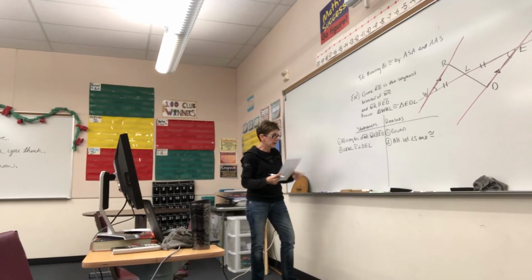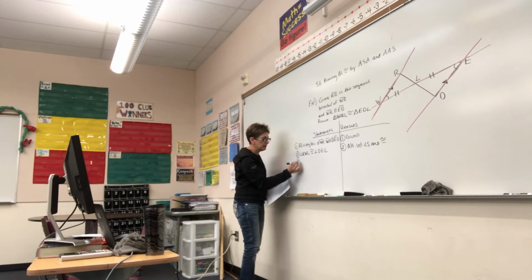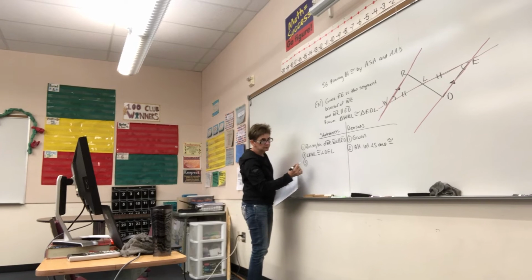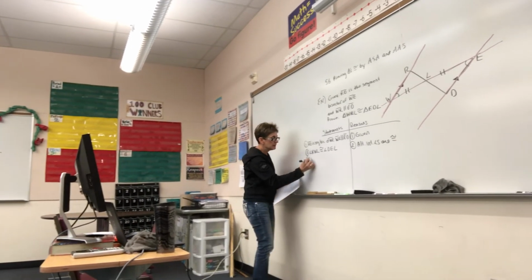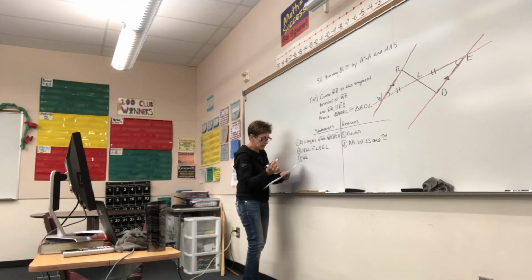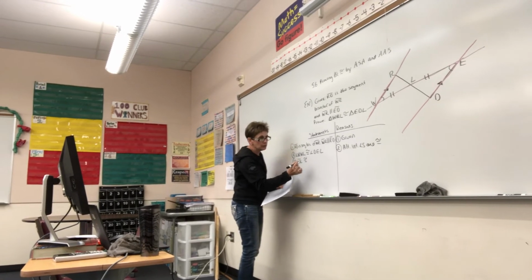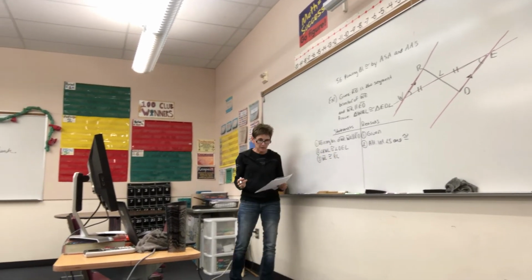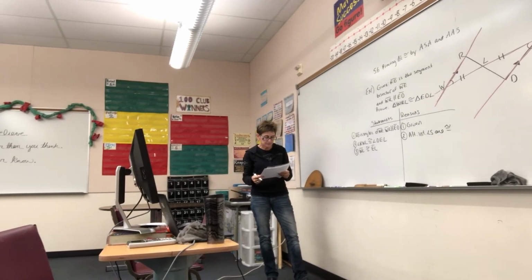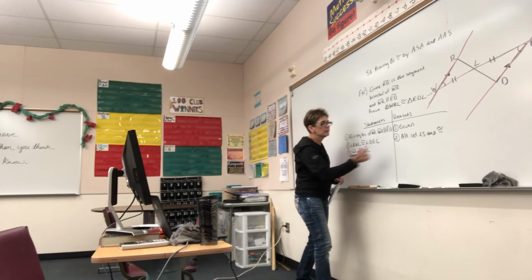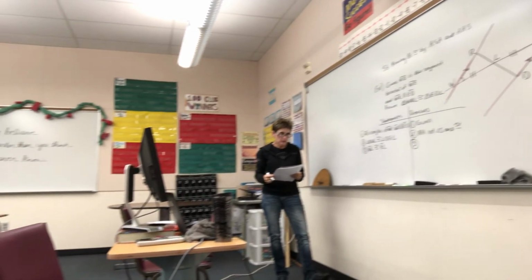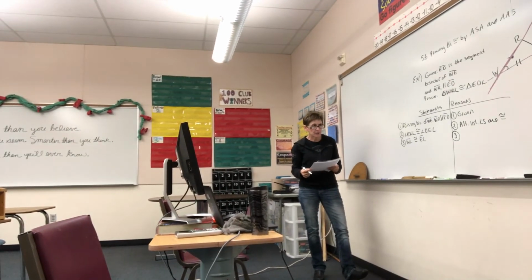So let's write our next statement. Statement number 3. I'm going to say that segment WL is congruent to segment EL. So segment WL is congruent to segment EL. Who can tell me what would the reason be for saying that, given the information we've been given?